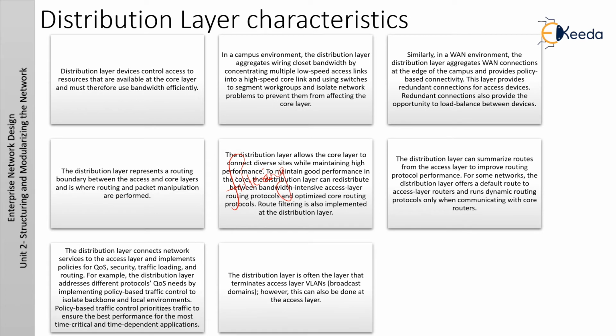The distribution layer is often the layer that terminates access layer virtual LAN broadcast domains. However, this can also be done at the access layer. This layer provides any media transitions that must occur, for example, between Ethernet and ATM.